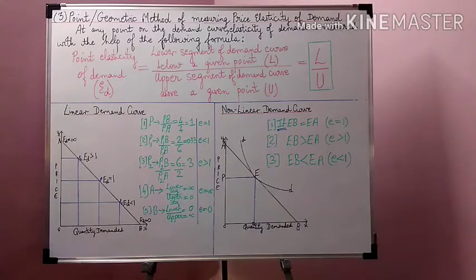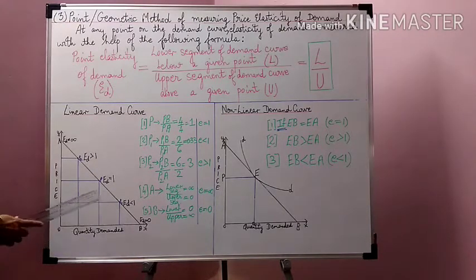In the first case, suppose a linear demand curve is given, that is a straight line demand curve. We have studied a demand curve is a downward sloping curve from left to right. Here we can notice it is a straight line demand curve. Now suppose this straight line demand curve begins from here to here. You are going to extend it to the y-axis and extend it to the x-axis.